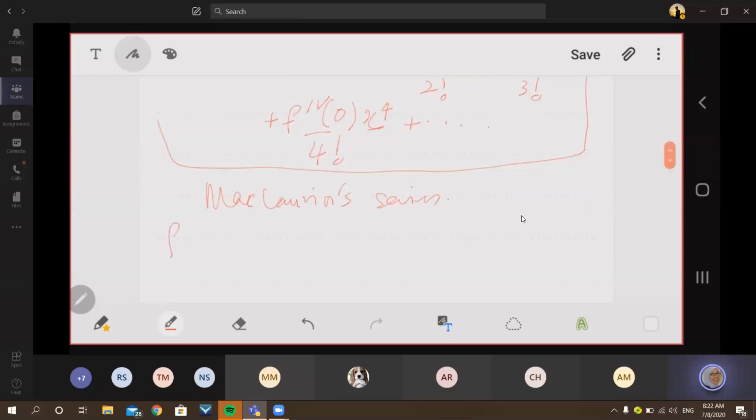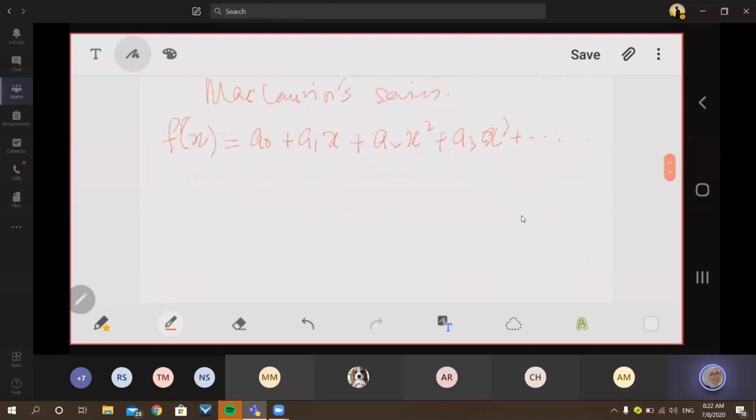Put it this way. f of x is equal to a naught plus a1x plus a2x squared plus a3x cubed plus a4x to the 4 and so on. If we differentiate, f prime of x is equal to a1 plus 2a2x plus 3a3x squared plus 4a4x cubed.